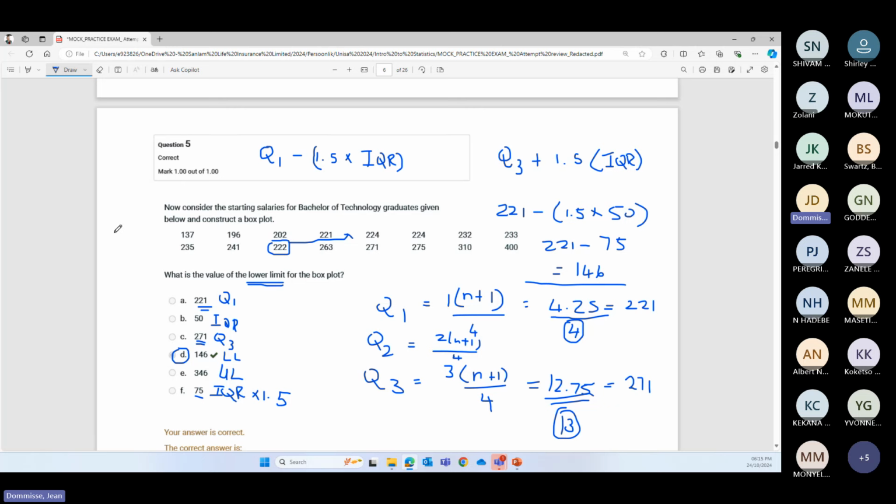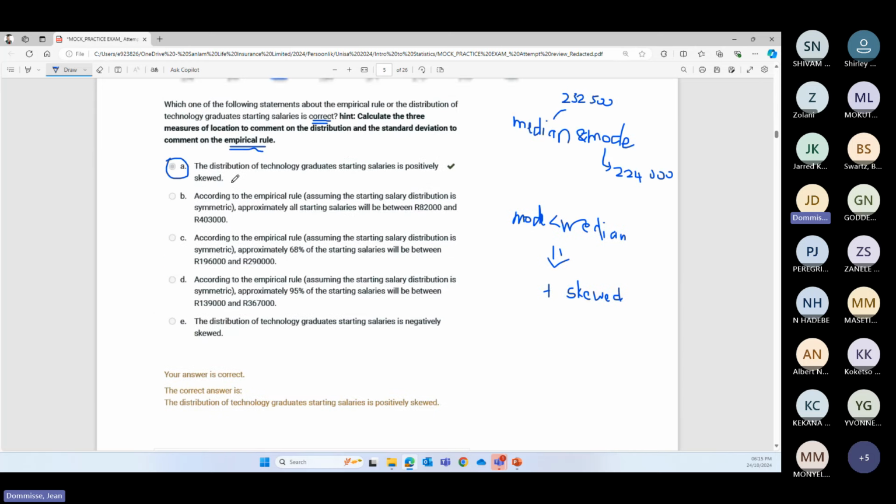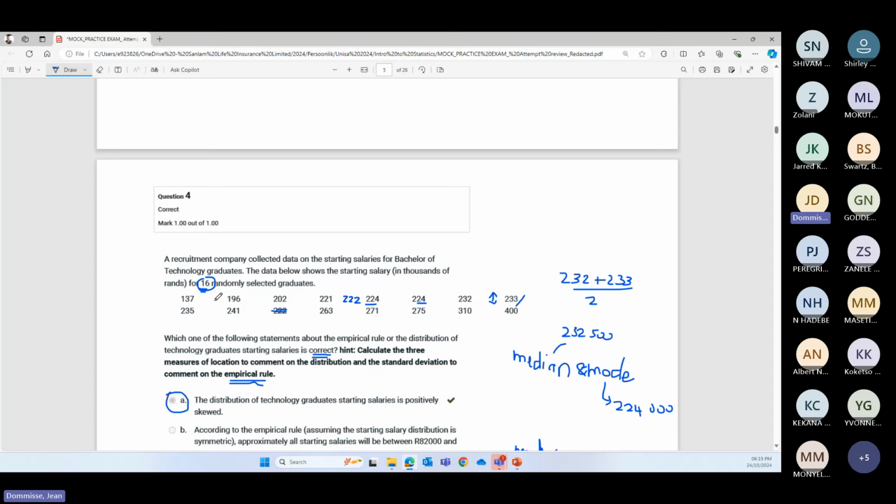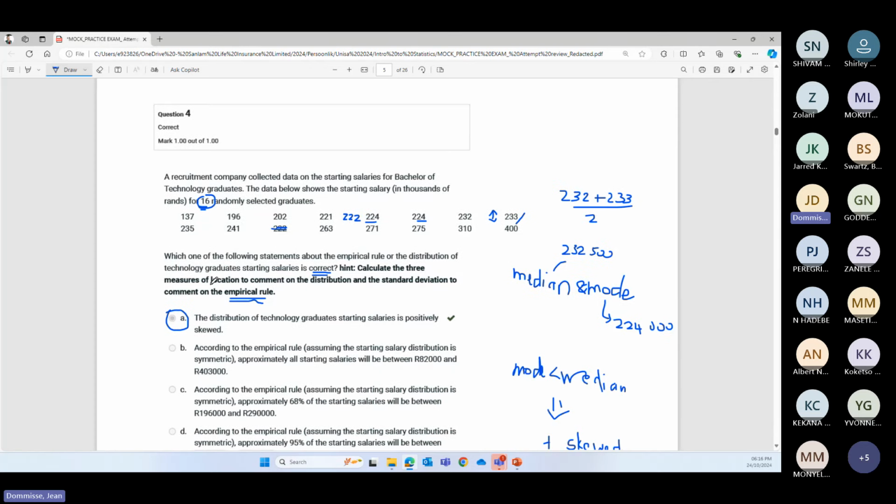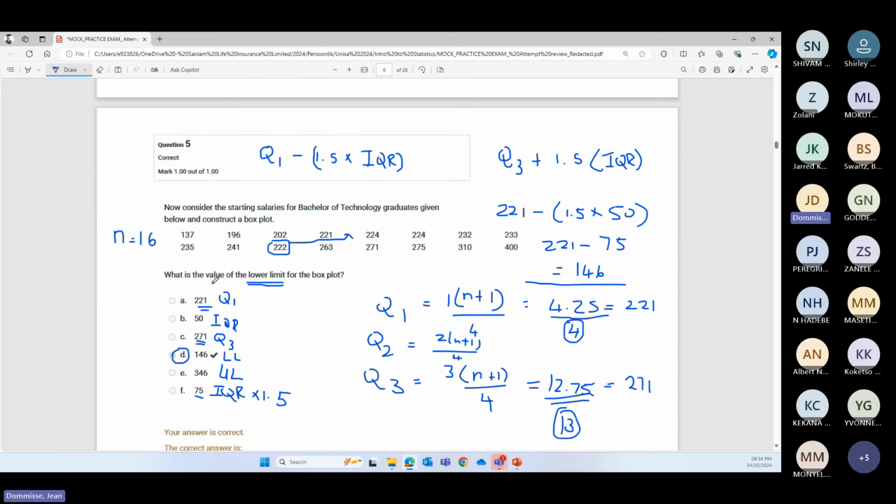So there were 16 values. But normally they will also tell you. Because they told you in one of the previous questions, I just copied it from there. So that's how I got the value of n.